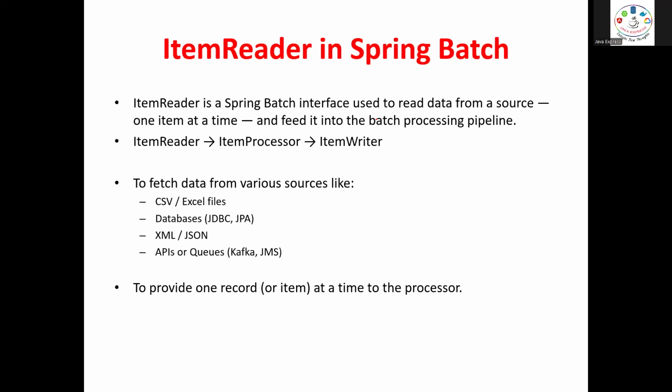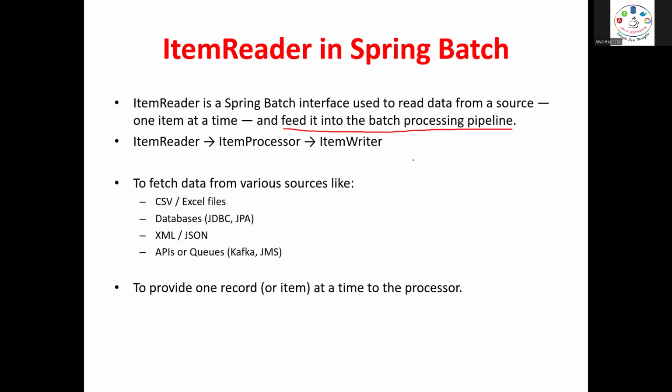Basically, item reader is an interface. It is used to read data from a source. Once you read the data from the source, you can feed it into the batch processing pipeline.